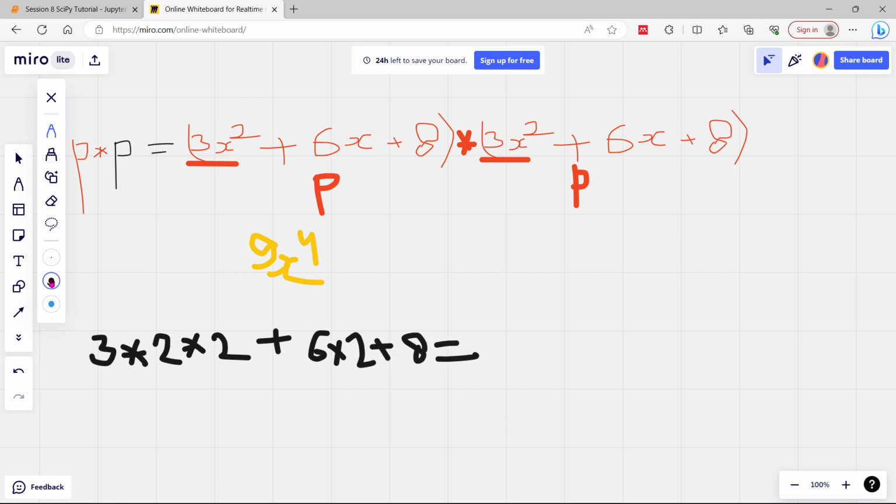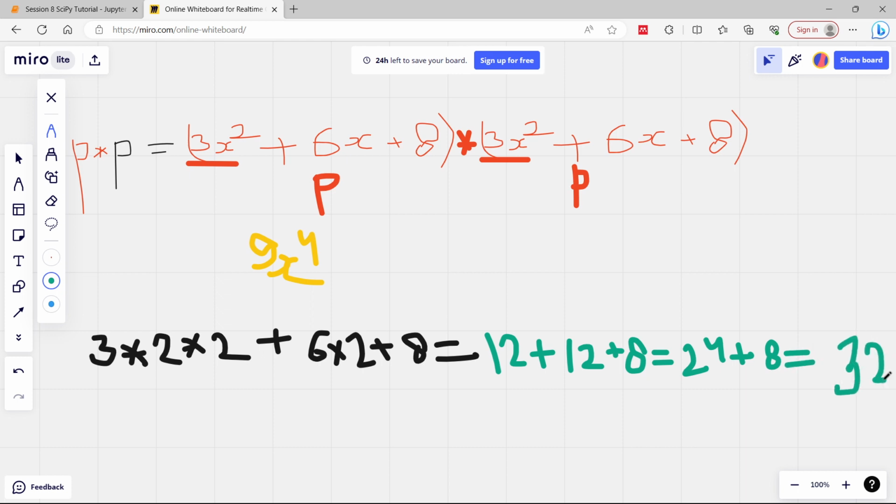If you equate this value, 2 times 4 is 12, plus 6 times 2 is 12 again. So here we have 12 plus 12 is 24, and 24 plus 8 will be 32. So finally we are getting 32 when we put the value of x as 2 in this equation, right?